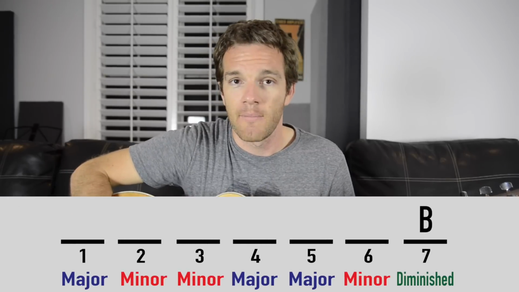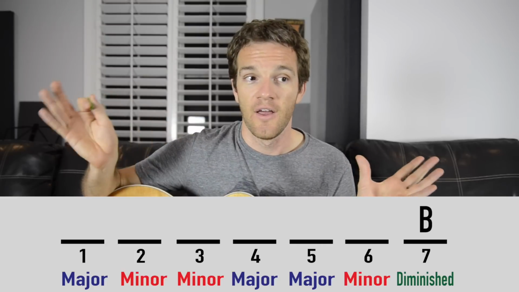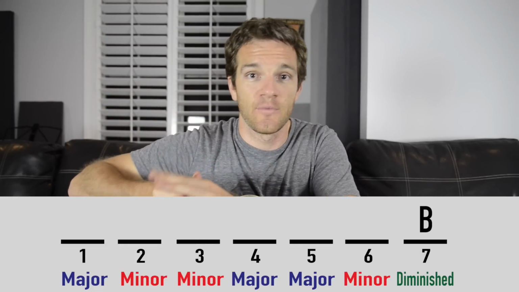Now, some chords will also be a dead giveaway as to what key you're in, right? And that's going to be the diminished chord. If you ever see a diminished chord or a minor 7 flat 5 chord, which is a type of diminished chord, you know that is occurring only on the 7th note in a key. So if you see a B minor 7 flat 5, and again, we're operating under the premise that everything is in the same key, which isn't always true in music.